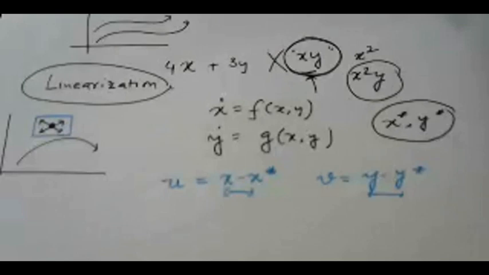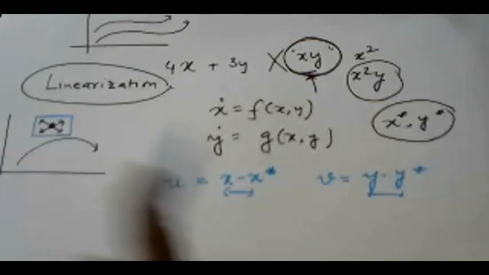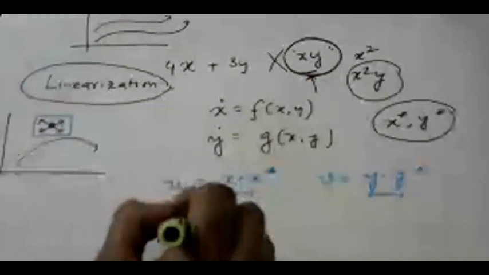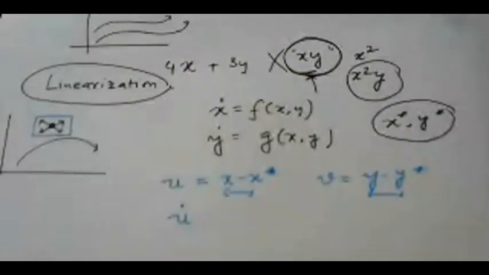Now I have to see, the same way we did in linear stability, that if I cause such a small disturbance, will this increase with time or will this decrease with time? So I want to figure out what happens to u with time, u dot, what happens to v with time, what kind of solutions they are.